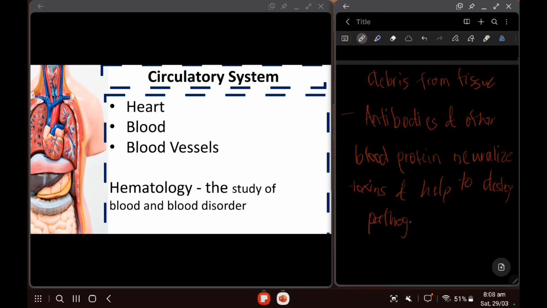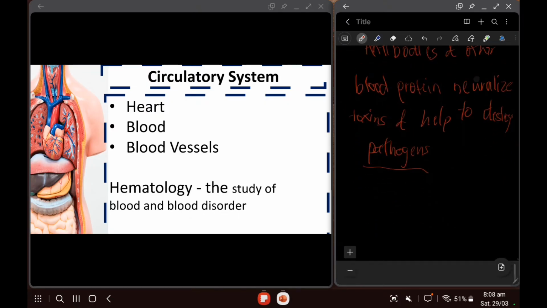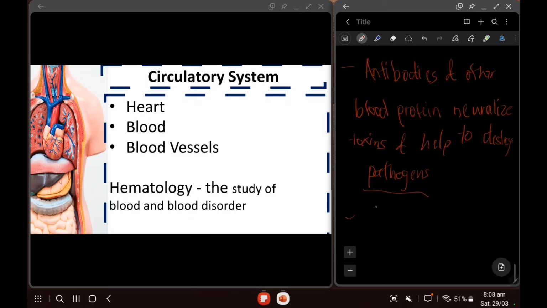Pathogens are like the invaders of our body. So our body, our blood or circulatory system, can release antibodies for protection so that the pathogens go away. And then, lastly, we have the platelets.